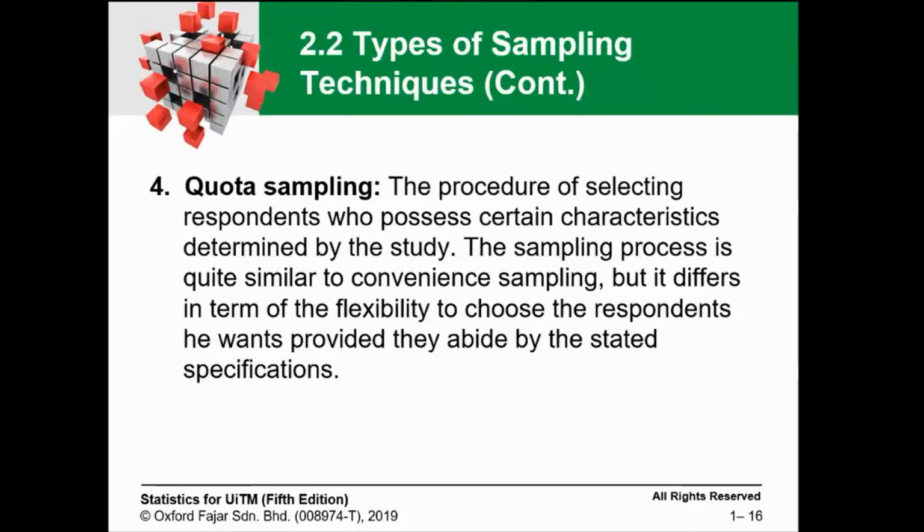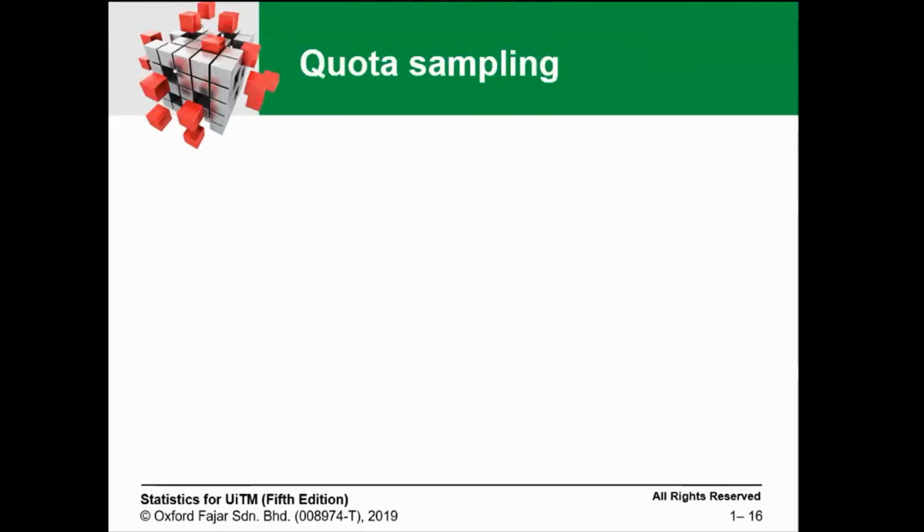His main concern is the female shoppers, not the male shoppers. So even if a male shopper enters the shopping mall, he's not going to take him as part of the sample. This we call quota sampling. It's convenience, but we still have some more specifications we need to take into consideration.